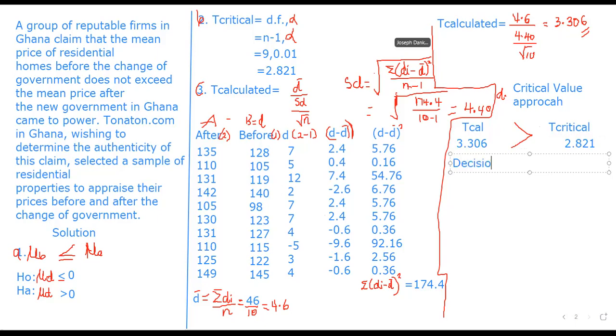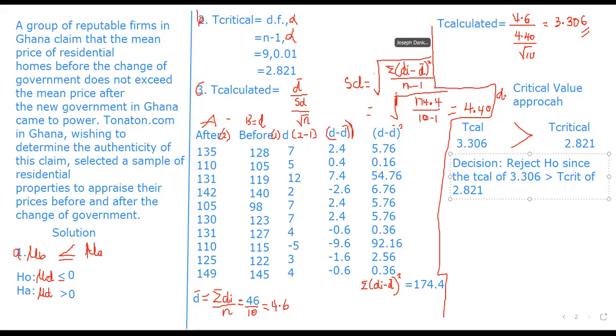The rule says reject H0. So we are rejecting H0 since 3.306 is greater than T critical of 2.821. So this is D.